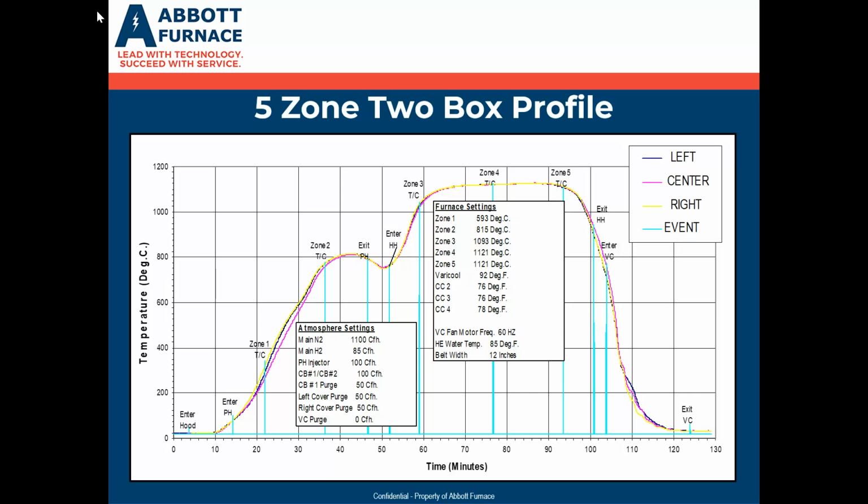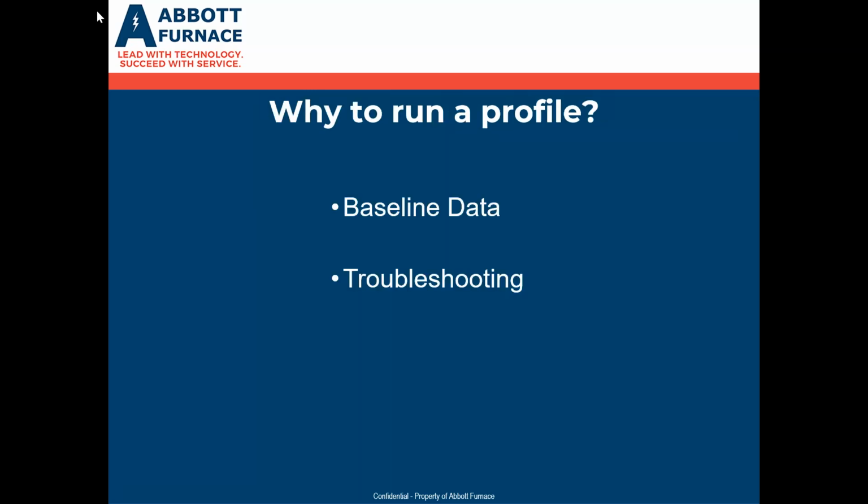What we typically do, on a new furnace, when we set it up, is run a profile. It's basically to get a baseline so that we see what the furnace is doing when it's brand new. In the future, we typically run a profile once a year.